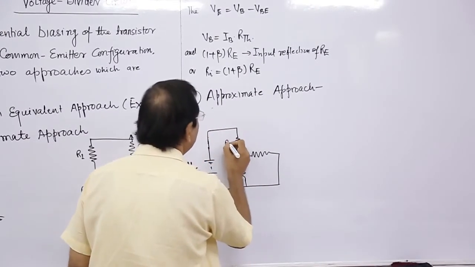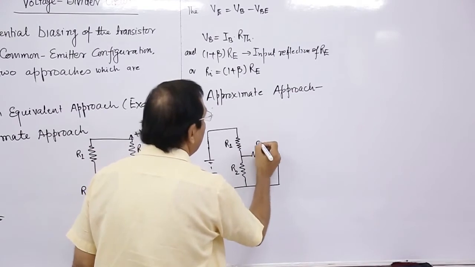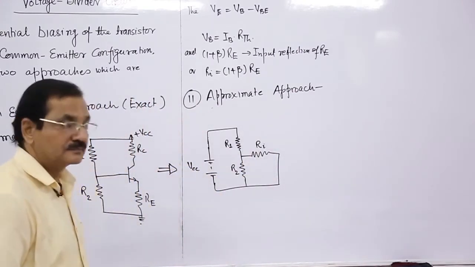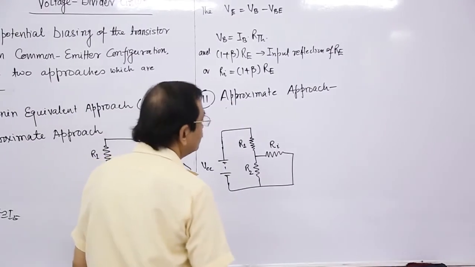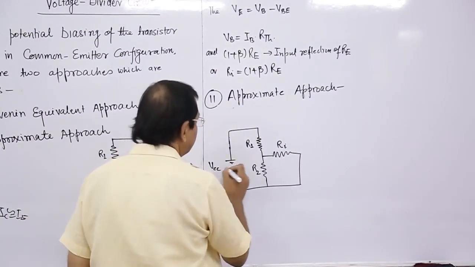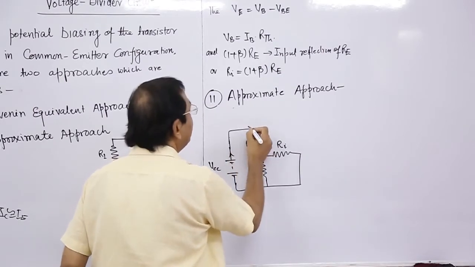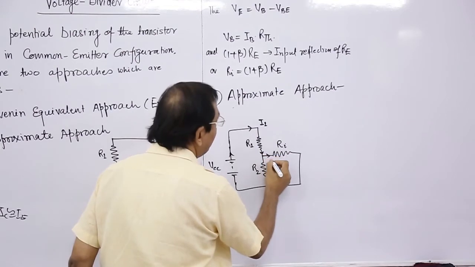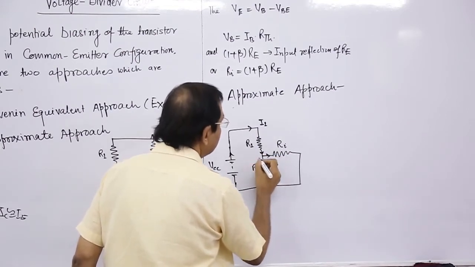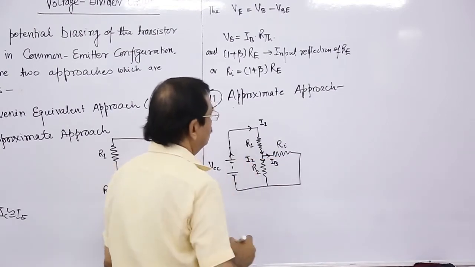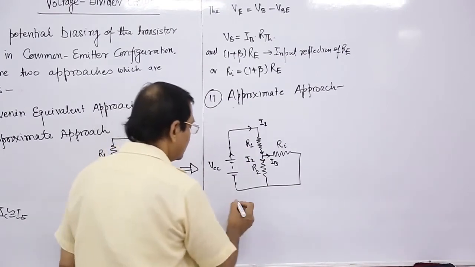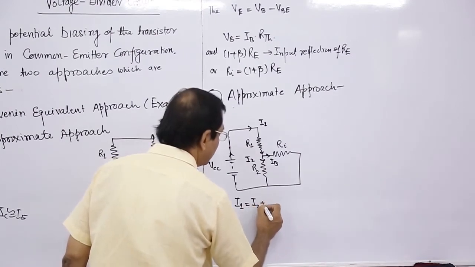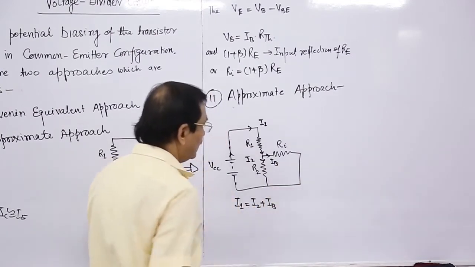This is R2, this is R1 and this is RI. The current flow: this current is I1. At this point, the current here is Ib and this current is I2. So I1 is equal to I2 plus Ib.